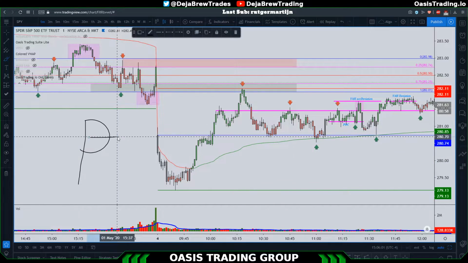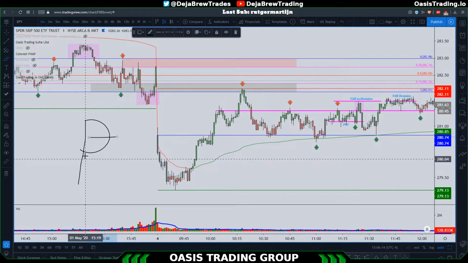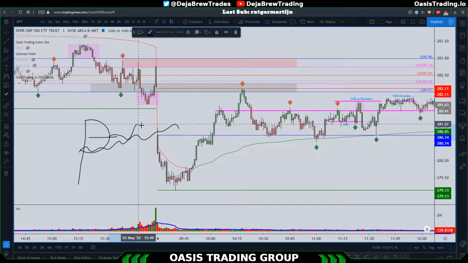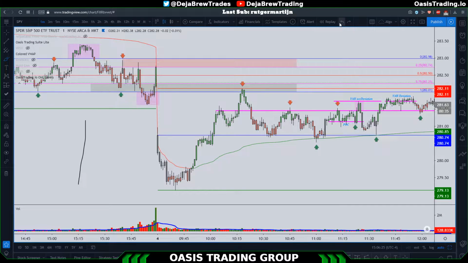You want to be a little careful selling the highs, but you are pretty safe to buy the lows because the overall day is bullish. As long as your price is above VWAP, so let's say VWAP is right here, you're pretty safe to buy those lows on that P-shaped profile, okay?